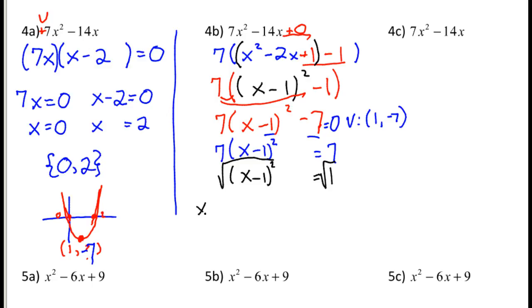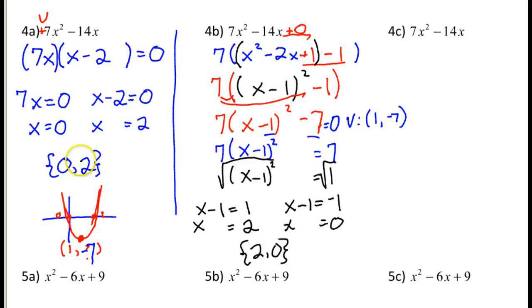So now x minus 1 equals 1. And also x minus 1 equals negative 1. Add 1 to both sides and we get 2. And here we get 0. 2 comma 0 as predicted. Right?